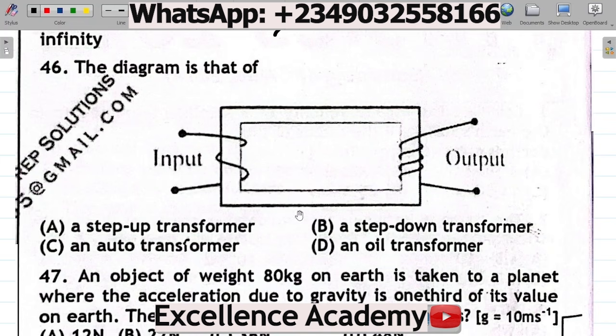So for this question, the correct answer is a step up transformer, because you have more turns at the output coil than the input coil. More turns at the output coil causes a voltage increase, and that's for a step up transformer. So A is the correct answer.